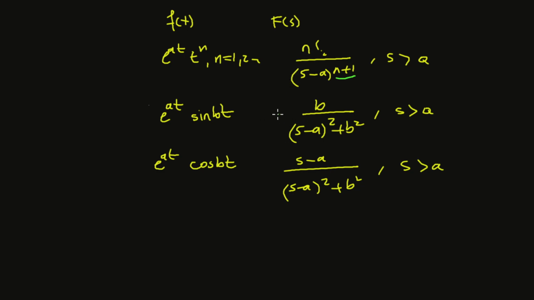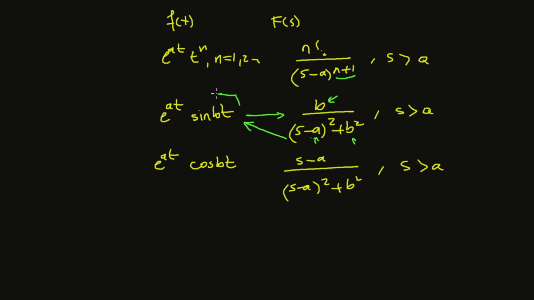These are also important. If I have a quadratic form in the denominator, then I need to bring it to this given format so I can understand what a is and what b is. And if I do that, then I will look at the top.